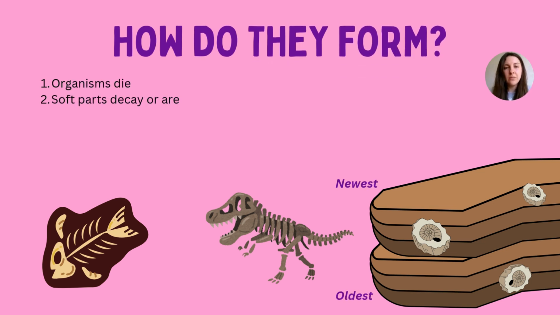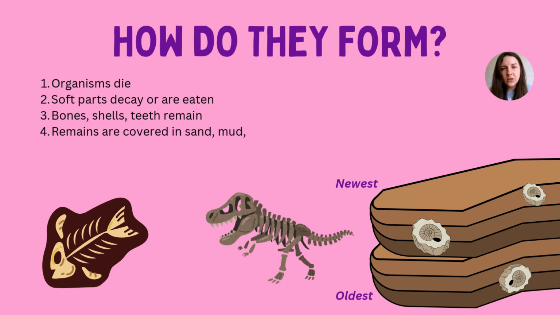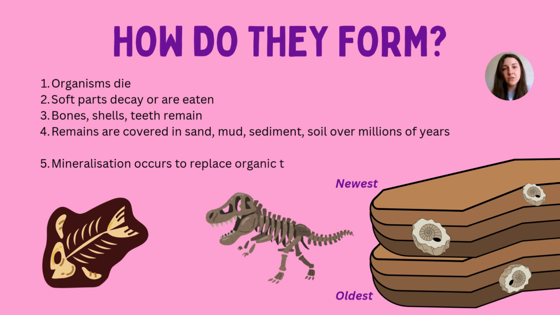So how they form is essentially the organism will die. It's a plant or an animal, and it will die. Other animals will eat them, predators for example, or herbivores if it's a plant. Let's specifically look at animals in this case. The organism dies and the soft parts of the body will decay or rot away, depending on factors around it, whether there are detritivores, things that will actually break down the organic matter that's there.